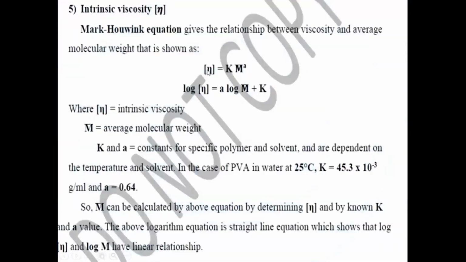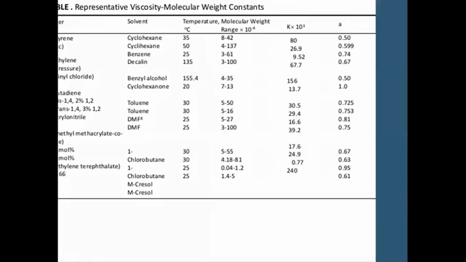This value I can use in the Mark-Houwink equation, where K is still unknown, and the intrinsic viscosity now comes from the intercept, and the molecular weight is still unknown. And I will explain it in the lab, inshallah.